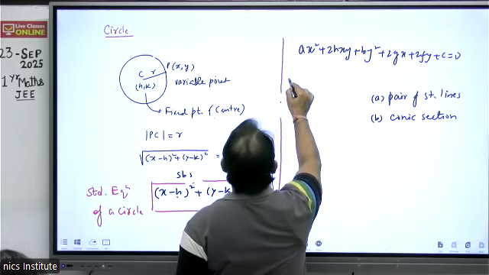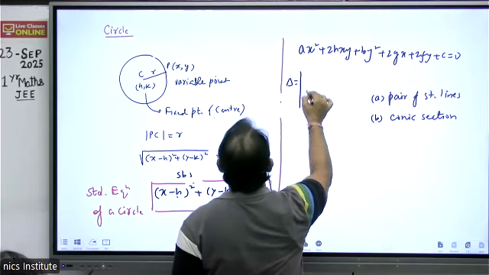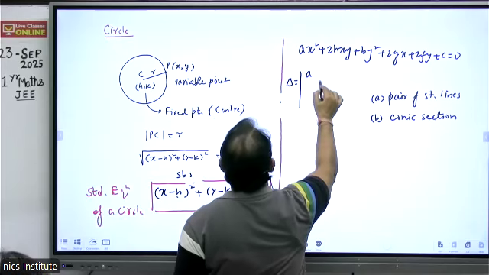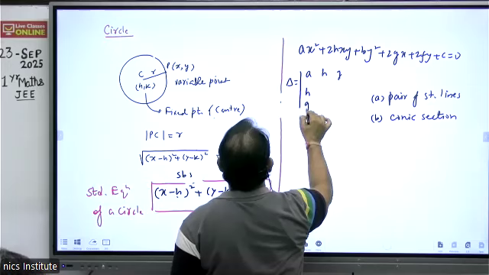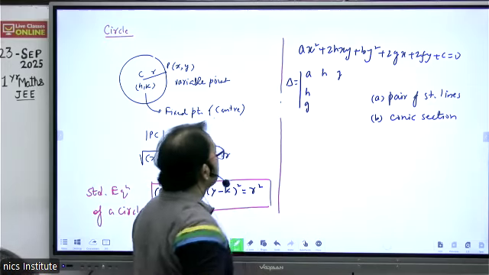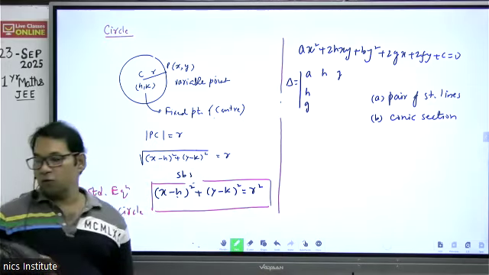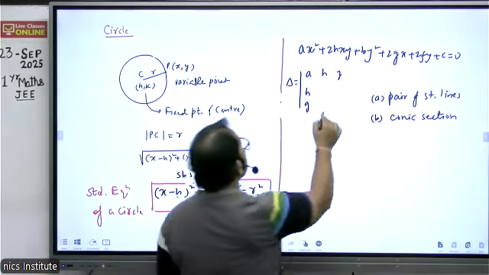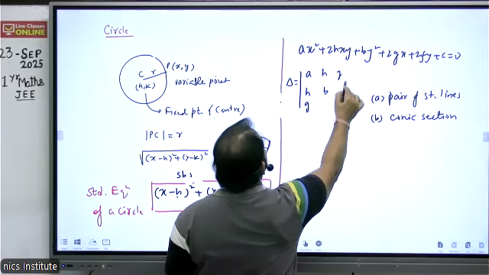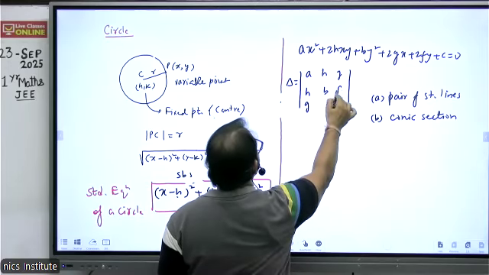Now there's a determinant delta, which has first row A H G, first column A H G, principal diagonal A B C, and these two places F.